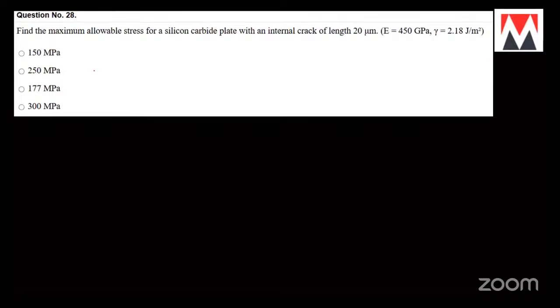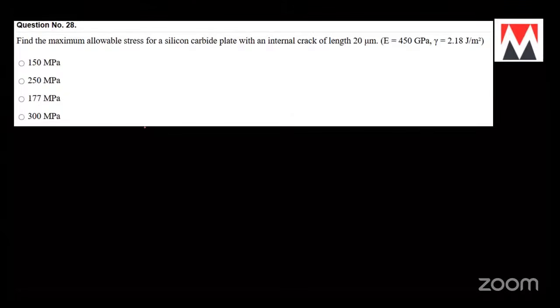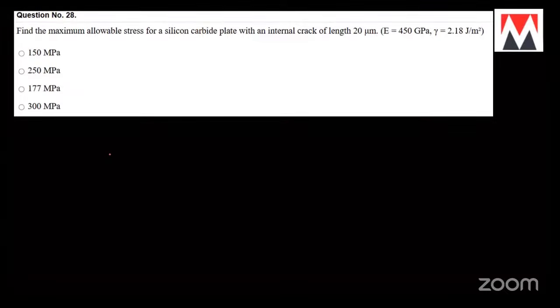So let us do this question. Maximum allowable stress for silicon carbide plate with an internal crack length of this.